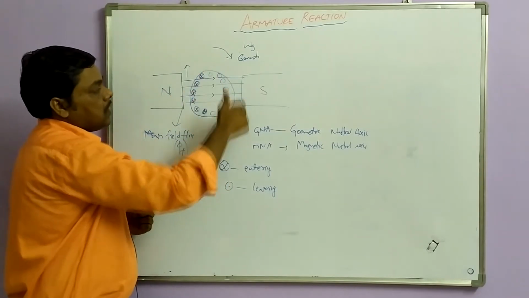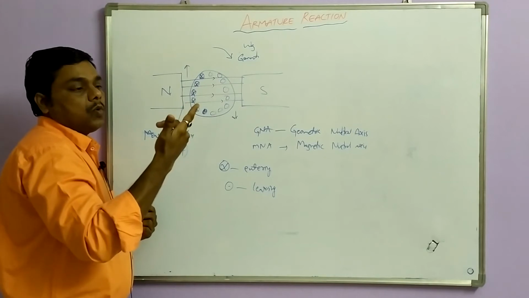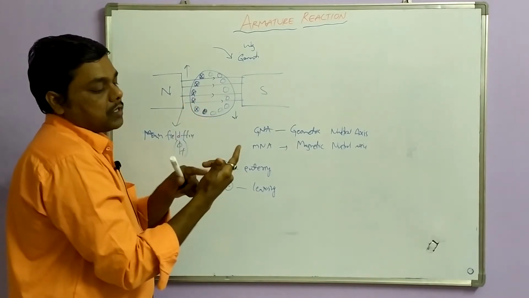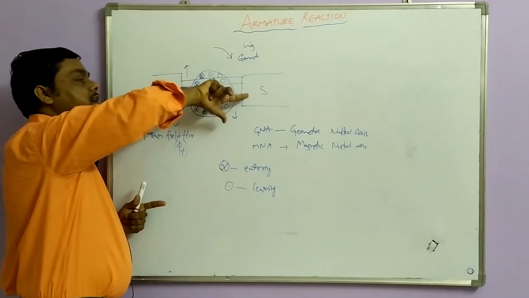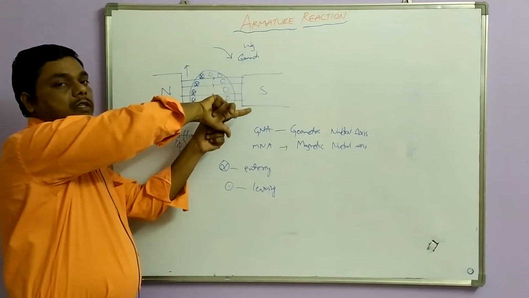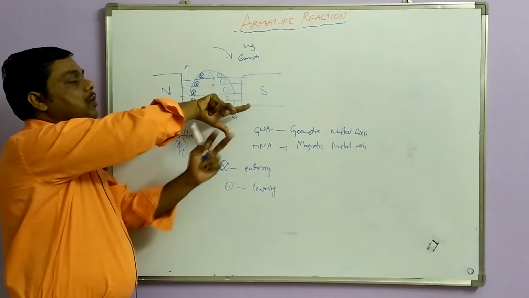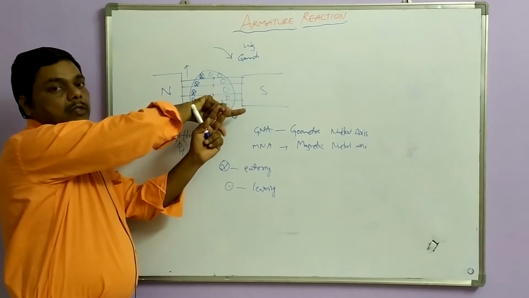Now what is the current in these conductors? Again you use the right hand thumb rule. When the force is downward, you can place your hand like this. The flux direction is the same, so the forefinger is placed as usual, and the thumb direction is now downward, so you can see the middle finger is showing away from this plane.